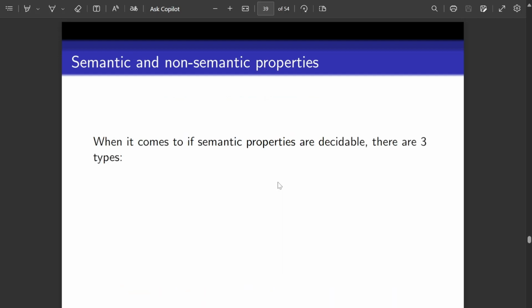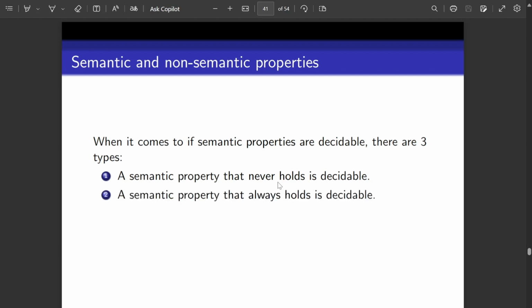When it comes to whether semantic properties are decidable, there are three types of semantic properties. Some of these feel a bit stupid, it's pretty obvious, but just bear with me. A semantic property that never holds is decidable because we know that property will never hold, so we can decide whether or not it holds.